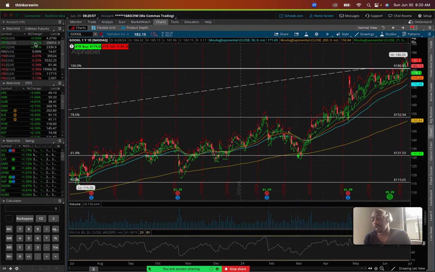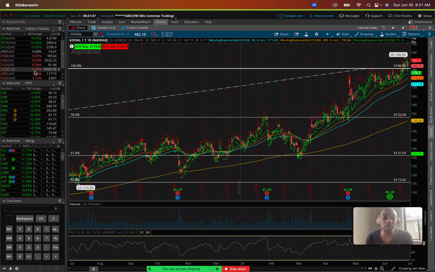Even if you start seeing the NQ bounce, right here you see it's minus 0.36%. If you start seeing NQ going up, there's probably a better chance that Google trade, if you're betting on Google to reverse and go to the upside, if it's going with NQ, you're going to have a better chance of follow through because the ocean is headed in that direction.